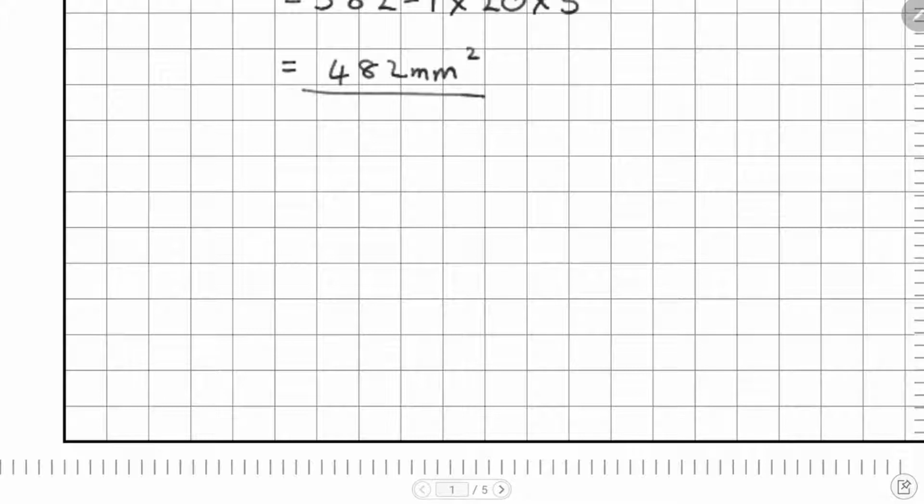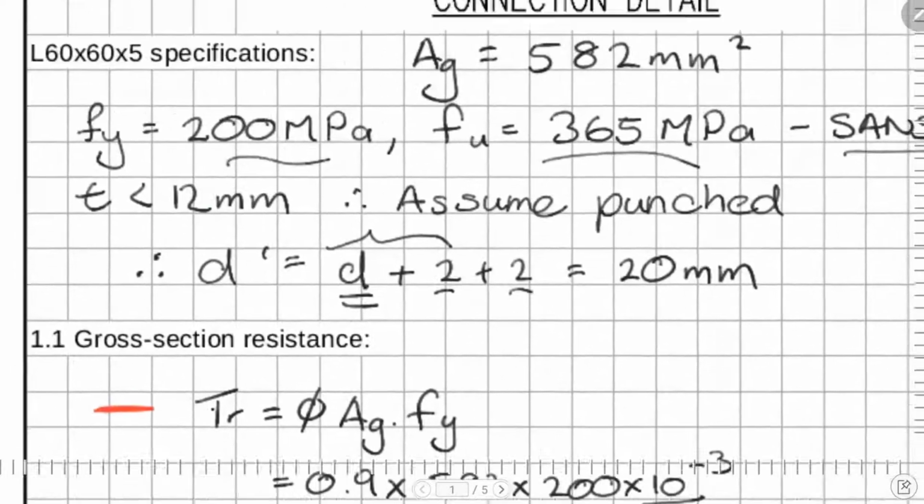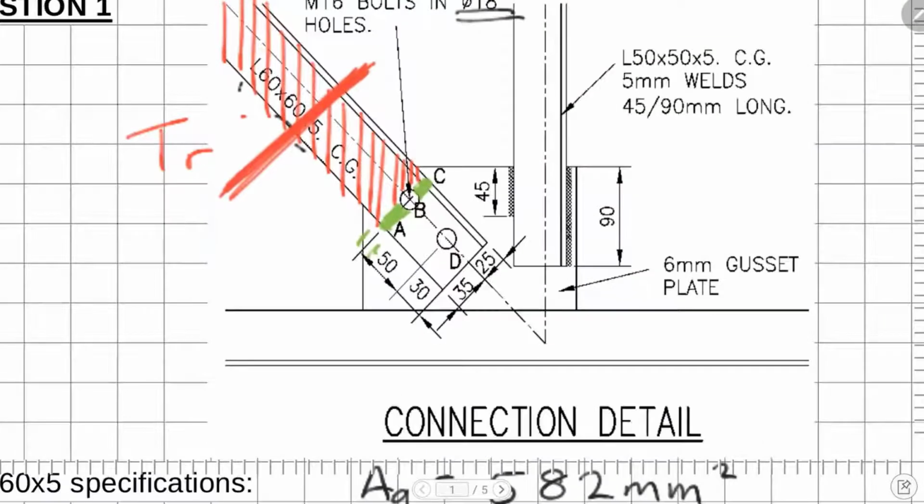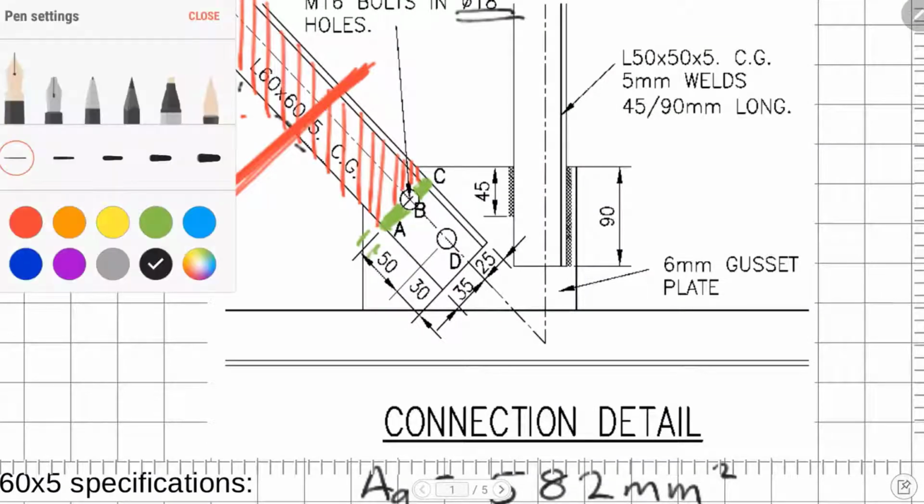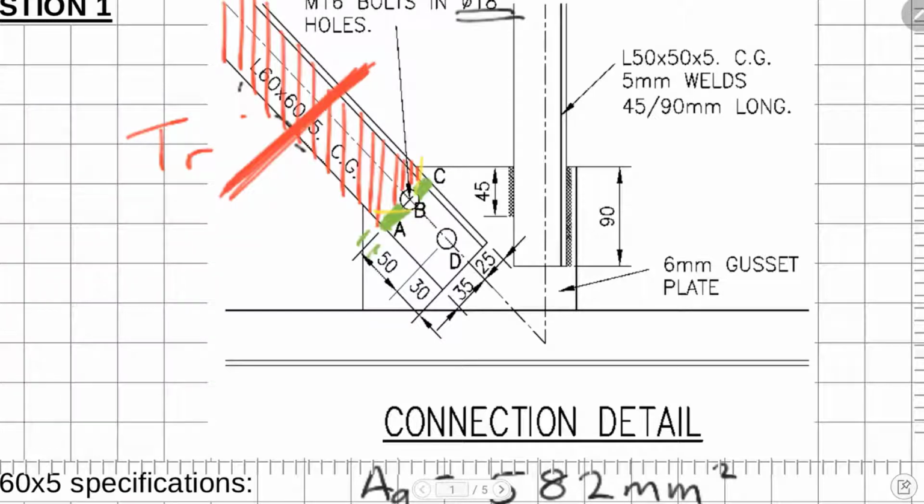Next concept is probably where a lot of mistakes get made, and we have discussed this in other videos, but this is in terms of effective net area. And as seen in other lectures, we have 2 bolts down the length of this section, and the load will take a little bit of a time to spread out.